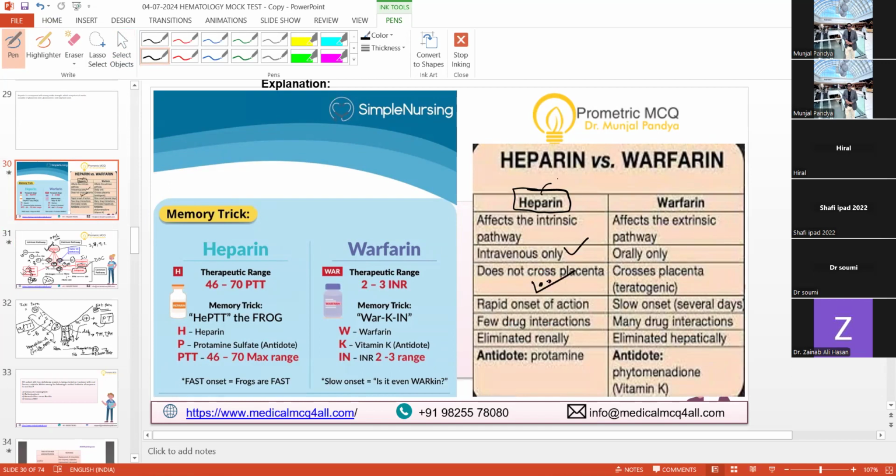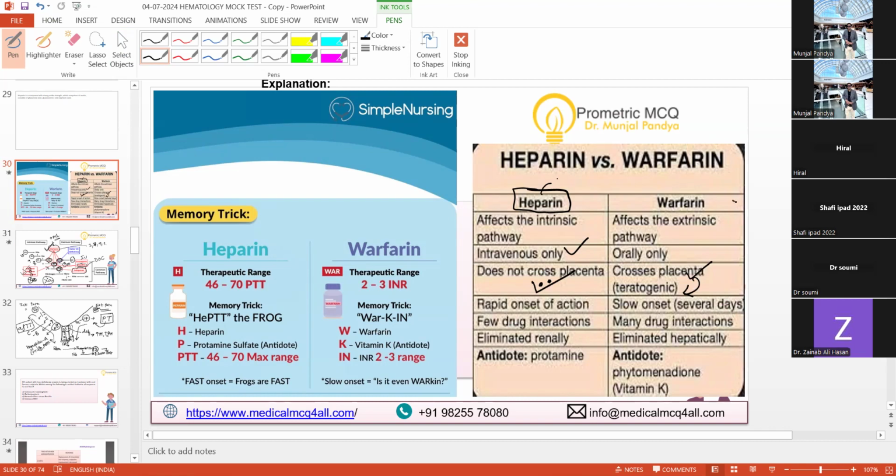That is very important. Why? Because if it crosses the placenta, it affects the baby. So if any pregnant woman comes with pulmonary embolism or deep vein thrombosis, the safe anticoagulant to give is heparin, because warfarin crosses the placenta and is teratogenic, meaning it may cause fetal development abnormalities, limb problems, and a lot of other teratogenic effects.